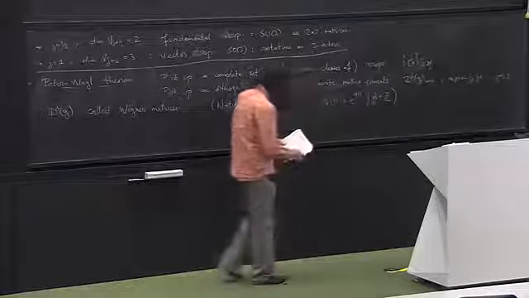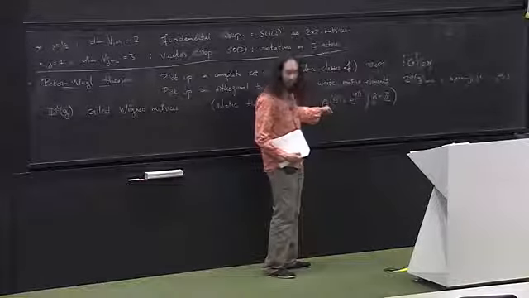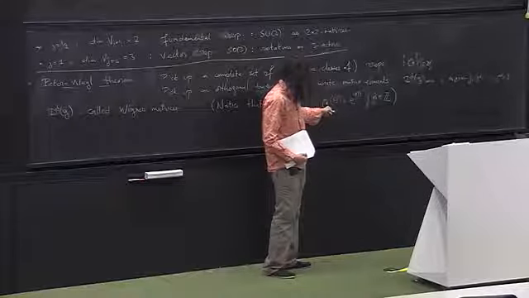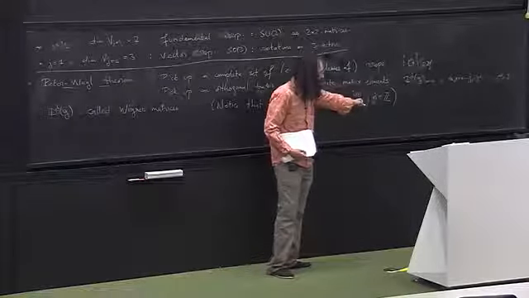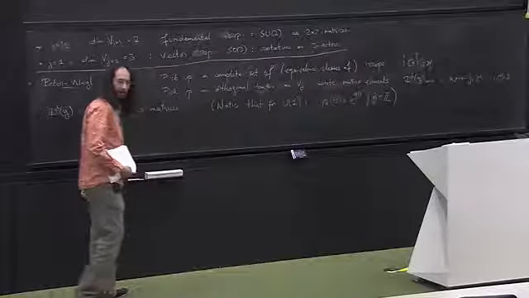So you can note that in the U(1) case, the representations are labeled by an integer that may be positive or negative, and the matrix elements are just exponential of i n theta. So it's really the Fourier modes.